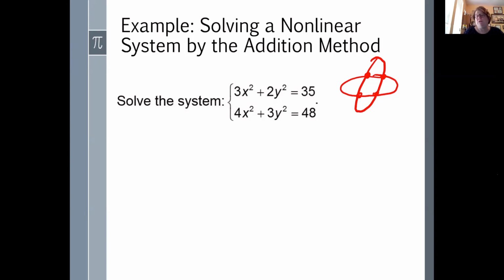All right, so we're going to use addition. As you recall, in addition, you're going to multiply one or both of your equations by a constant so that when you add the two equations together, you eliminate one of your variables. So for example, you could eliminate x. You could multiply the top equation by -4, both sides, and you could multiply the bottom equation by 3, both sides.